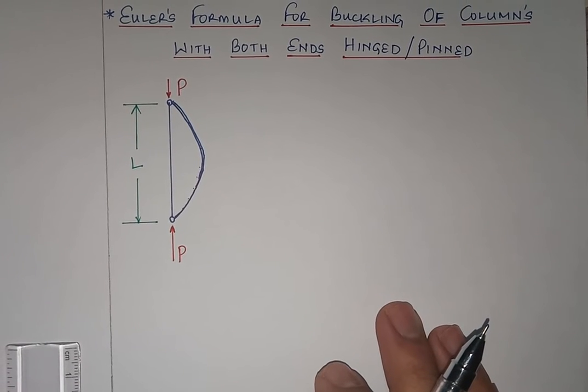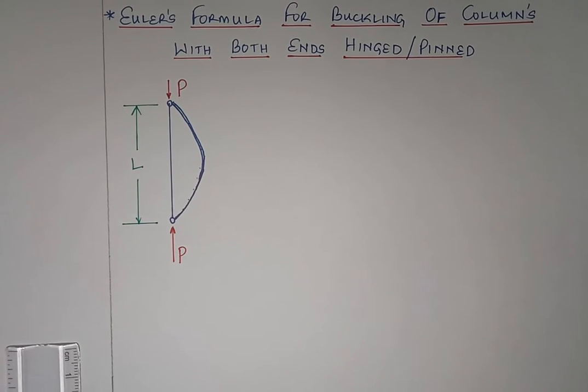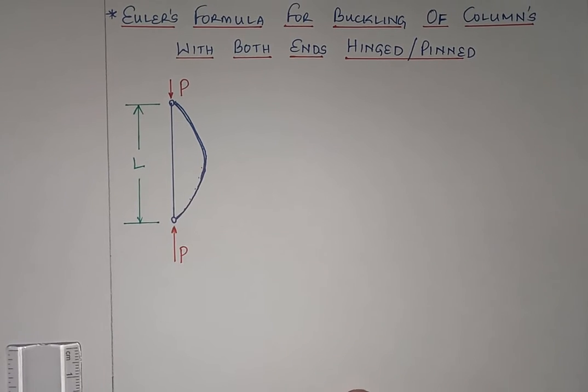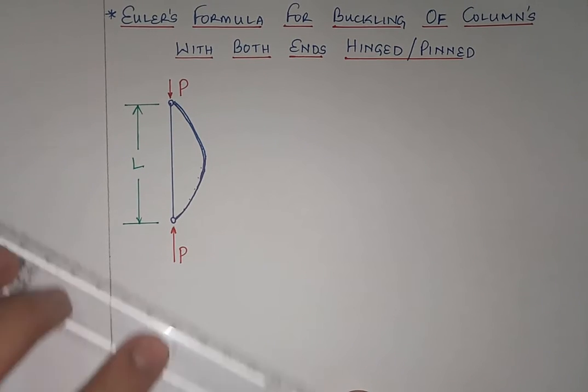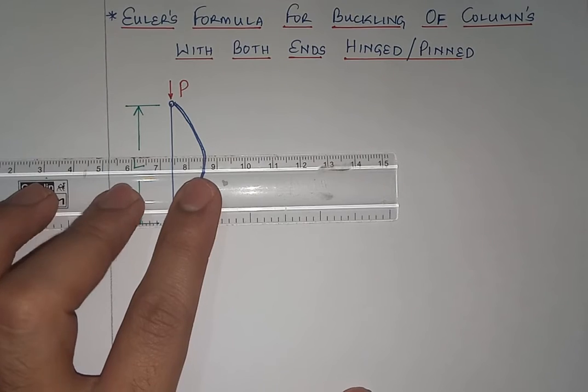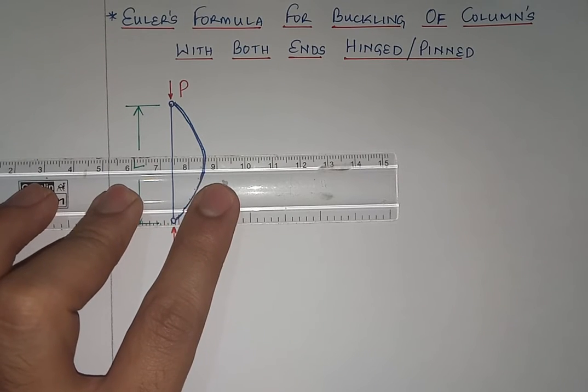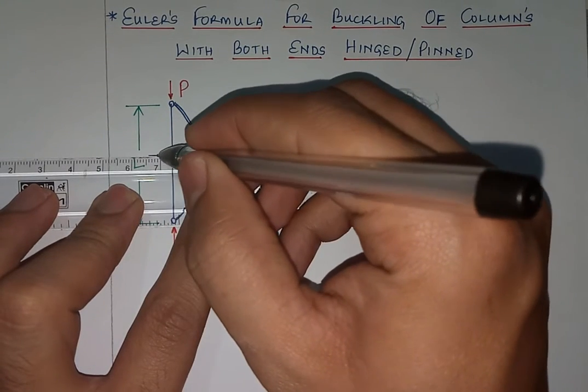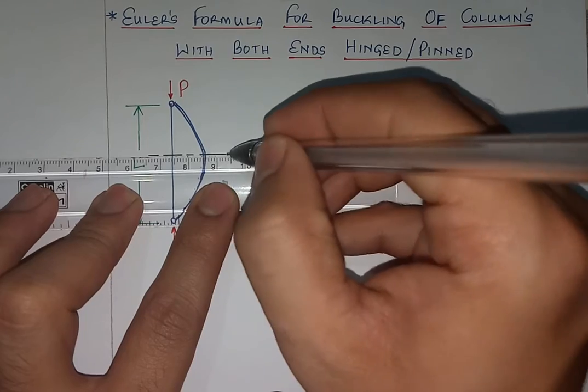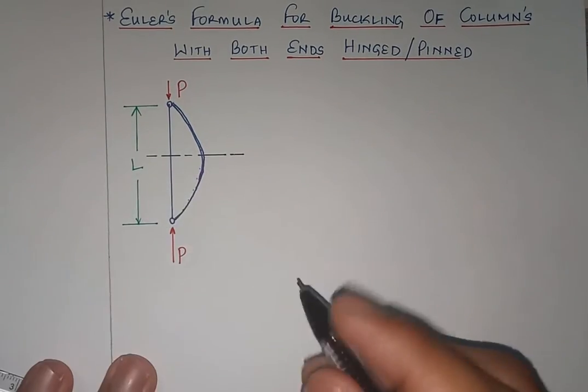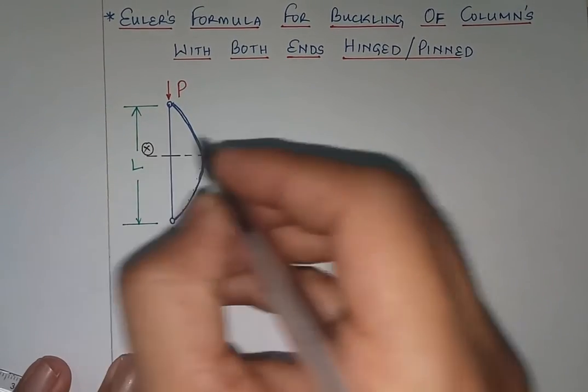When this is going to buckle, I'll be considering a section at a distance of x from the top end. So let me consider a section at a distance of x from the top end. This is section x.